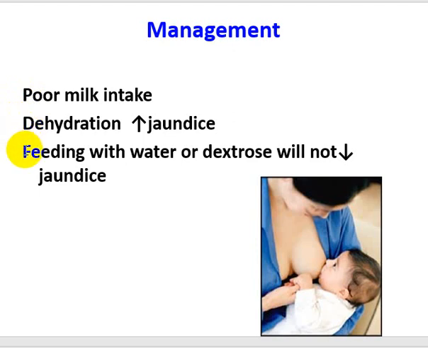There is an old idea of feeding glucose water. This is associated with increased jaundice, not decreased jaundice. So the most important feeding is breast milk. Delayed feeding or inadequate feeding increases enterohepatic circulation, and when the enterohepatic circulation is increased, bilirubin is increased.